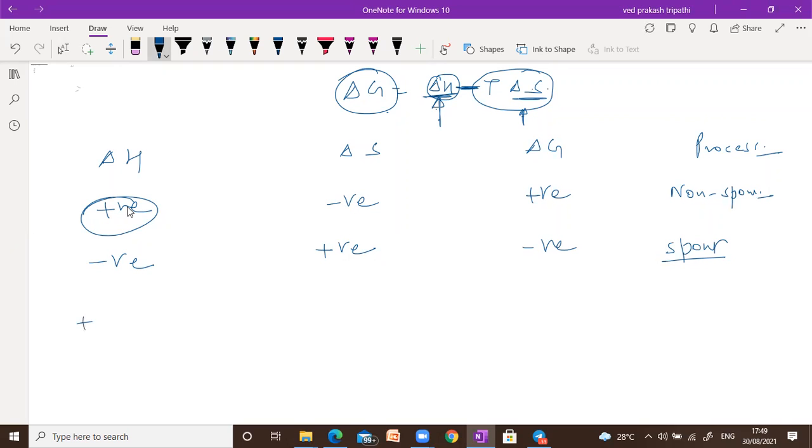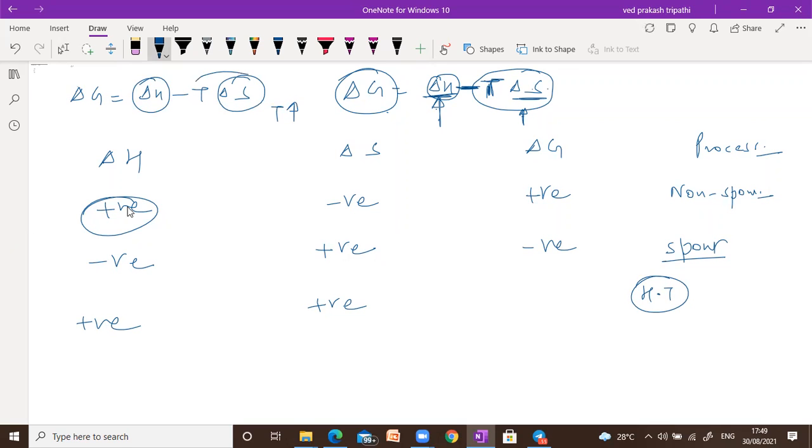What about this one? If this is positive and this is positive, and I am talking about high temperature this time, now the role of temperature will come. Listen. I am saying delta H is positive and S is also positive, and we take temperature as high.